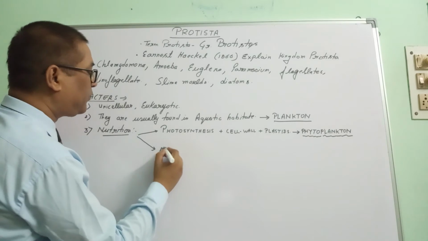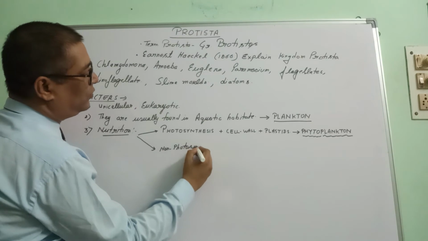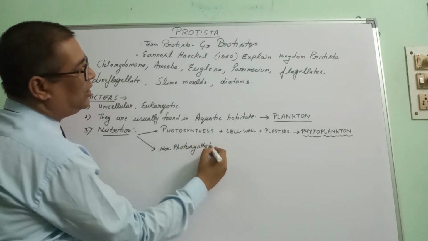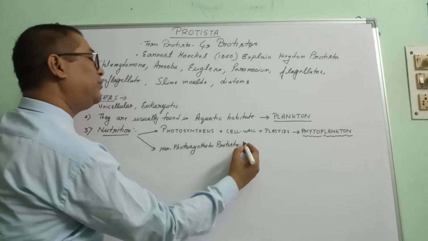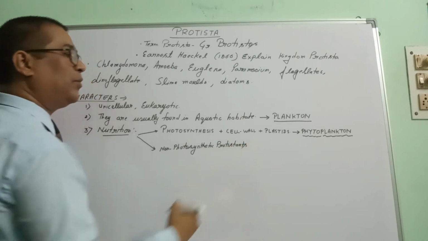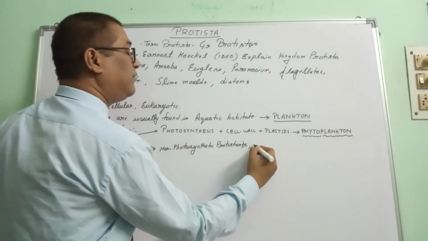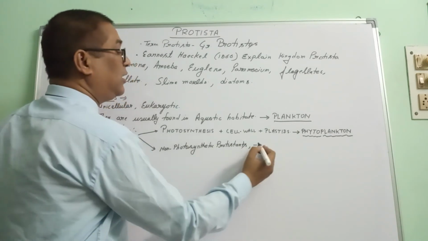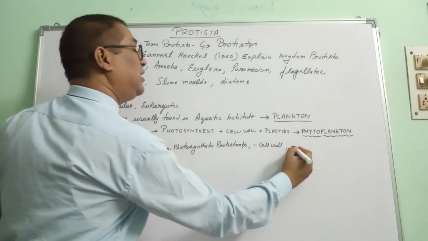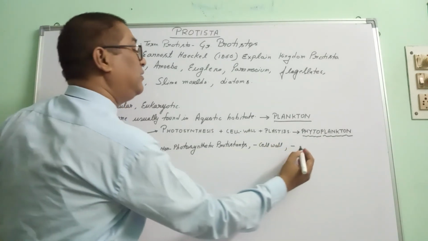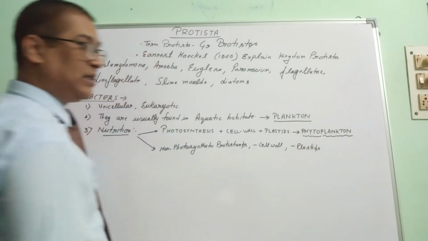It means non-photosynthetic protistans. They do not have a cell wall and they do not have plastids.